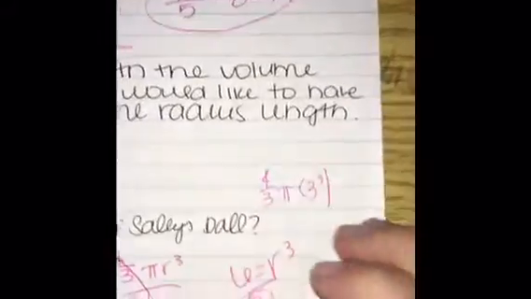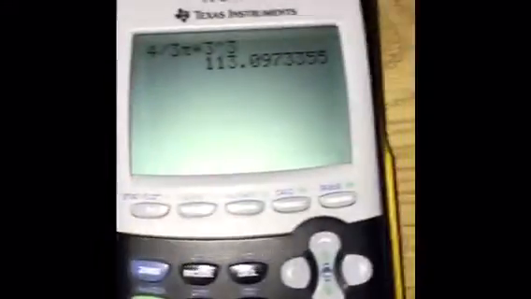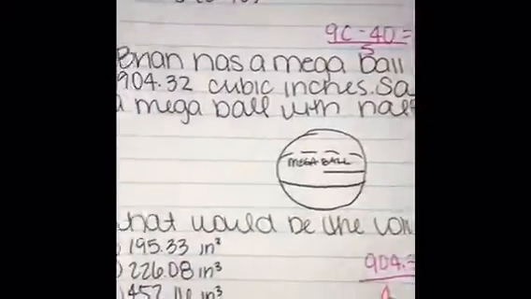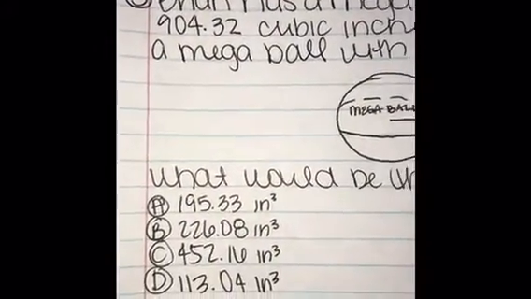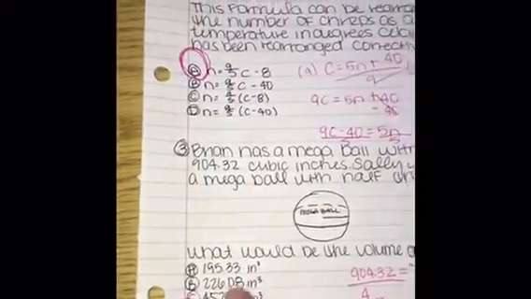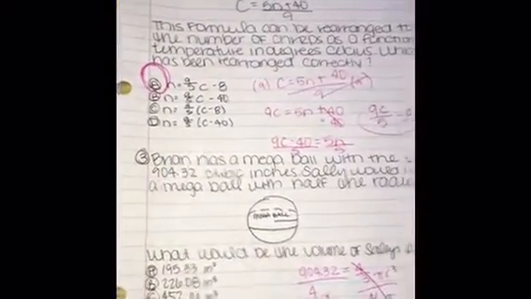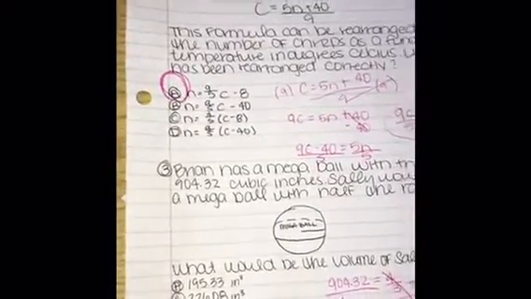When we plug that into the calculator, we get 113.09. Okay, so 113.09. We come over and look at our answers, we see which one is the correct and closest, and we see that that is D. The only reason the last two decimals are different is because I used pi instead of 3.14, but that's it.